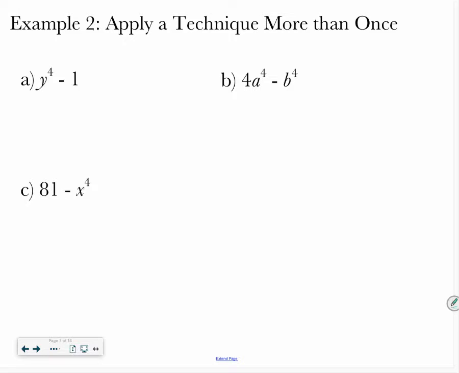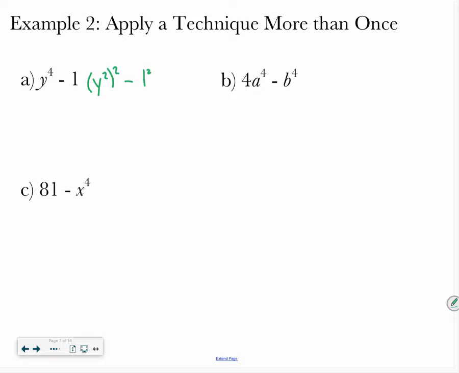Well, one way to rewrite y to the 4th is if I did y squared squared, I still end up at y to the 4th. Then if I do minus 1, I can still do squared.